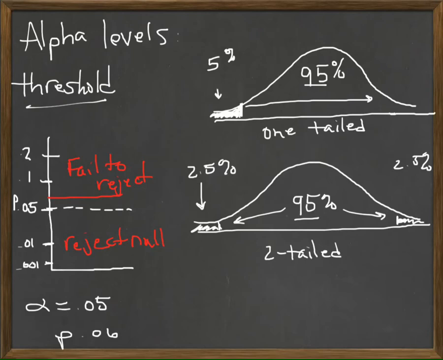We reject our null when the p-value drops below our alpha. That is very important. A lot of the time people get that backwards. We reject the null when our p-value drops below our alpha level or our significance level.